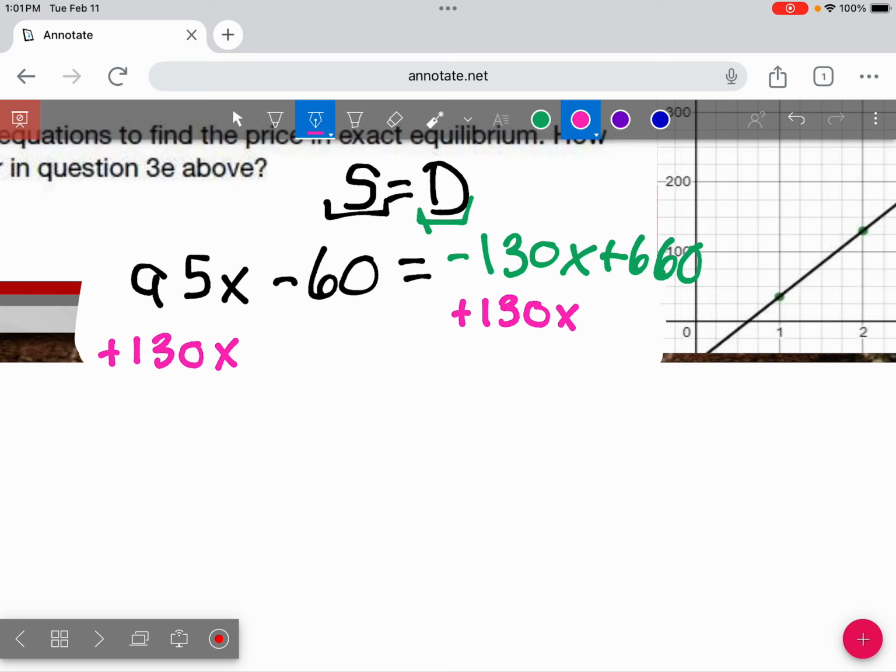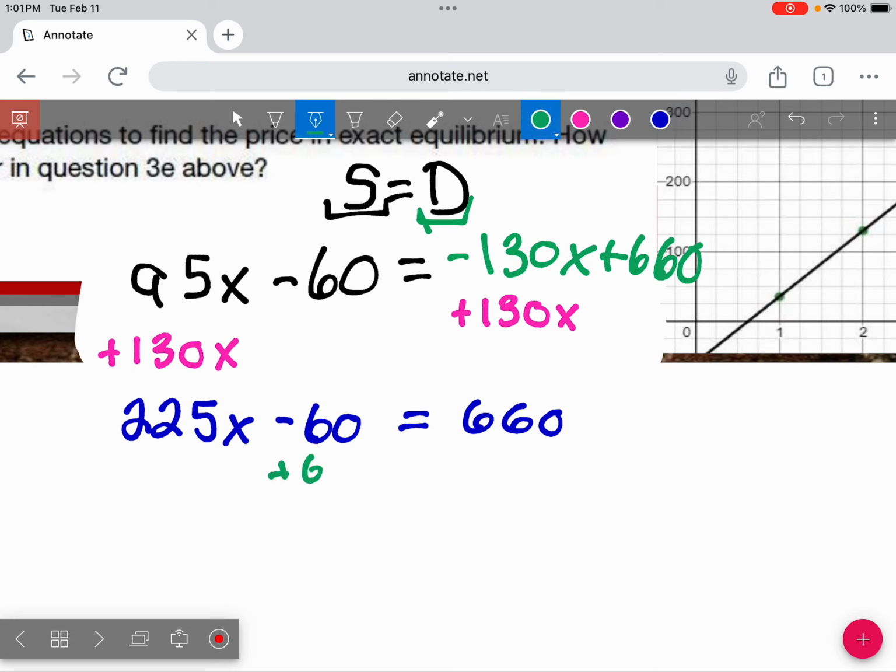When we do that, what do we get when we add together our 95x and our 130x? The 225x minus 60 equals 660. Then what do we do? Add 60.